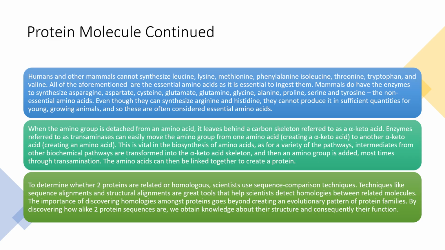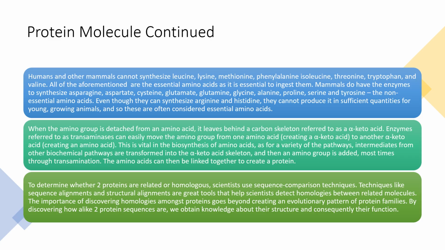This is vital in the biosynthesis of amino acids, as for a variety of the pathways, intermediates from one biochemical pathway are transformed into the alpha keto acid skeleton, and then an amino group is added, most times through transamination. The amino acids can then be linked together to create a protein.